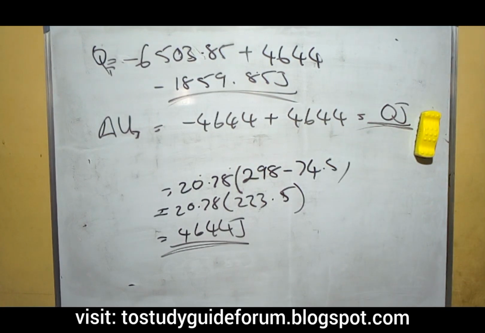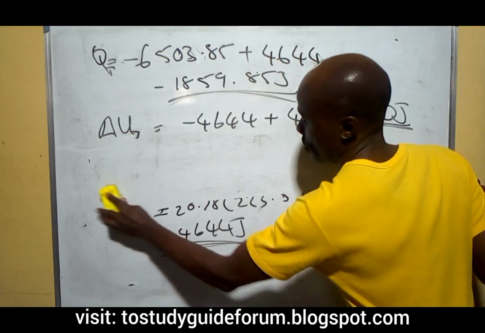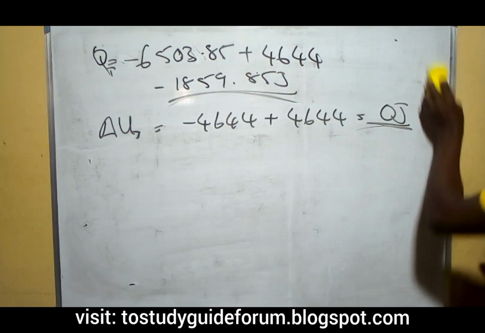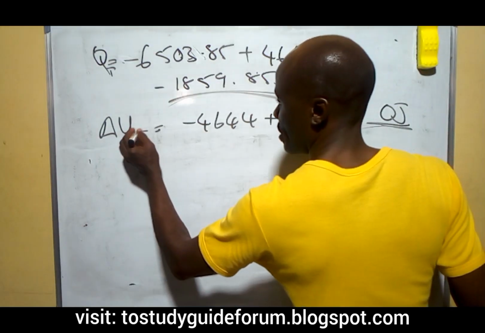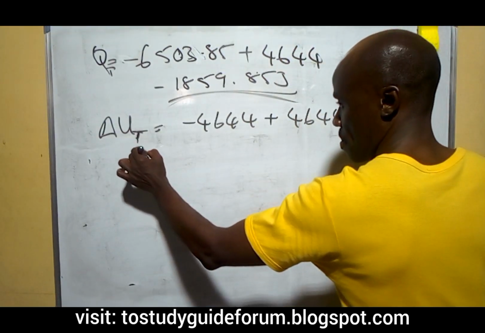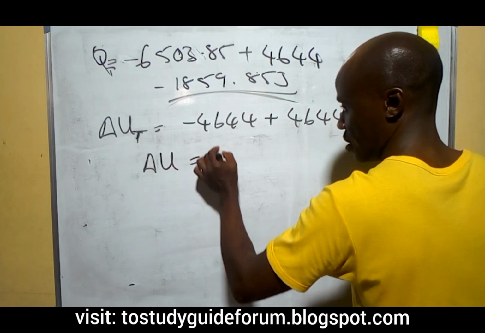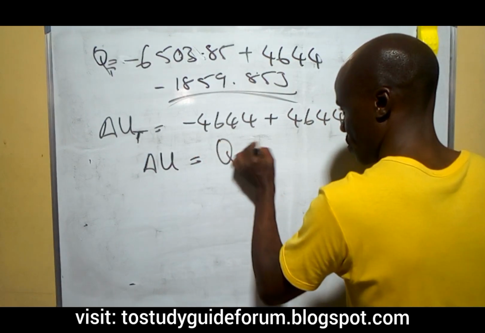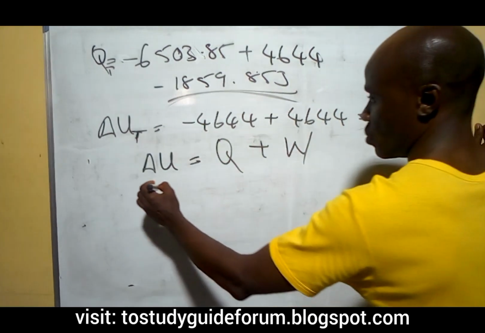So now we'll talk about the work done according to the first law of thermodynamics. We have it to be change in internal energy is quantity plus work done, and we have our internal energy to be 0.